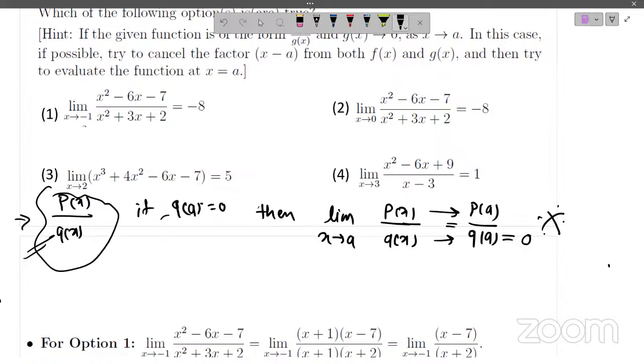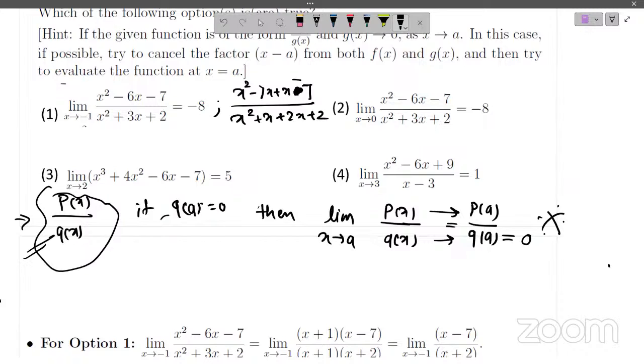If you look at the first option, the numerator is x square minus 6x minus 7, which we can write as x square minus 7x plus x minus 7. Similarly, the denominator is x square plus 3x plus 2, which can be written as x square plus x plus 2x plus 2.